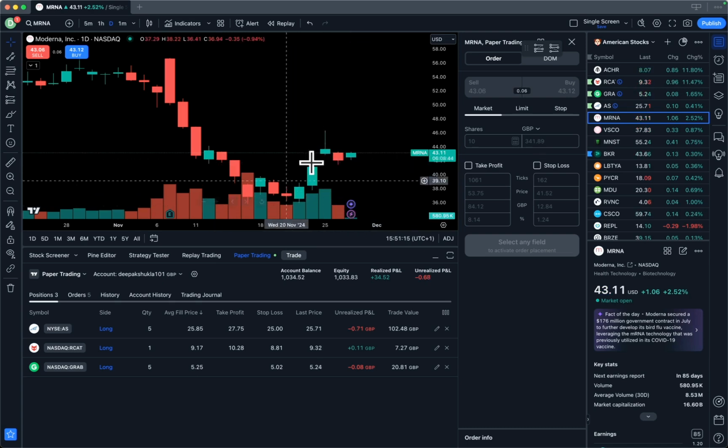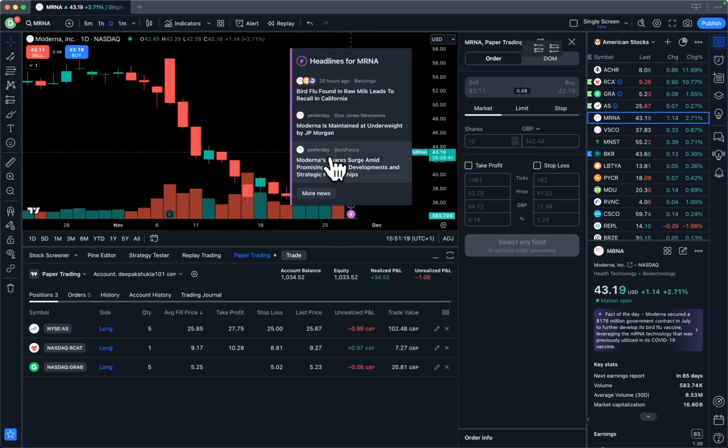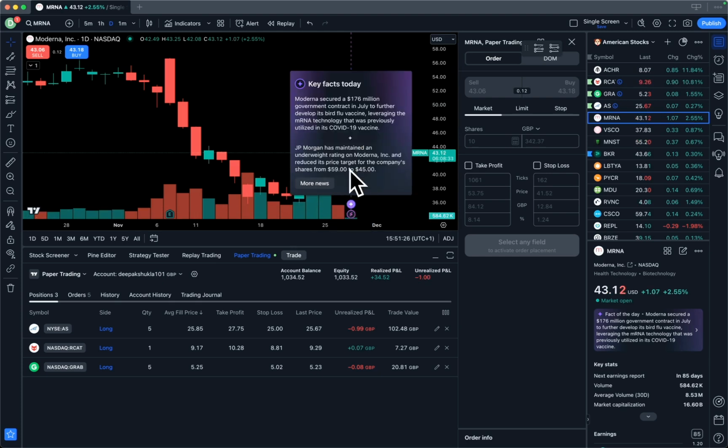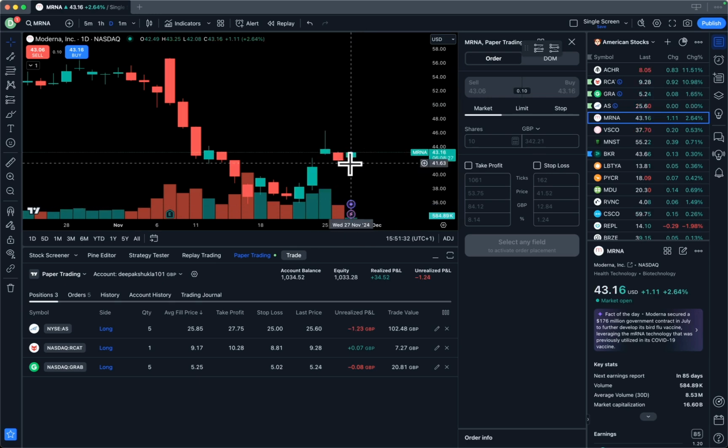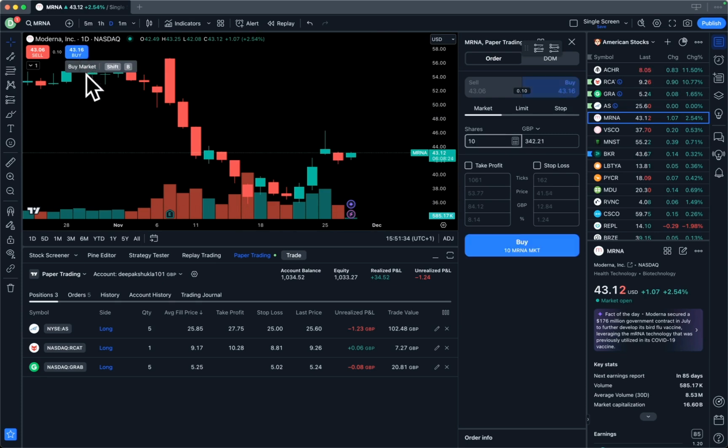Yeah, I think this is a good one. There's good news that's come out. It looks like it was yesterday, and maintained it underweight, but this is good. And then we've got obviously also, I need to understand what this means, but that's cool. So we'll set a buy order.